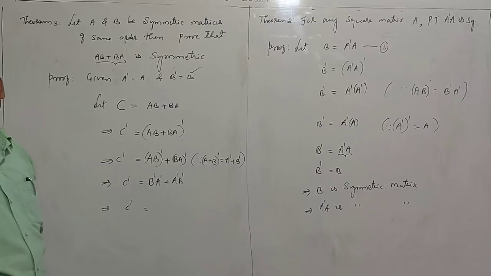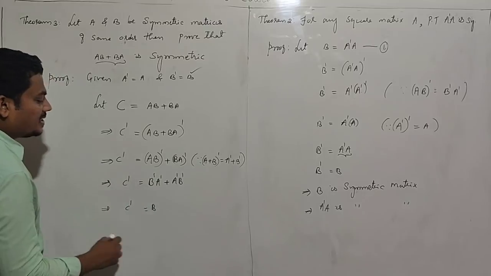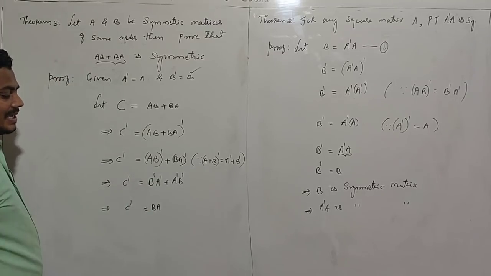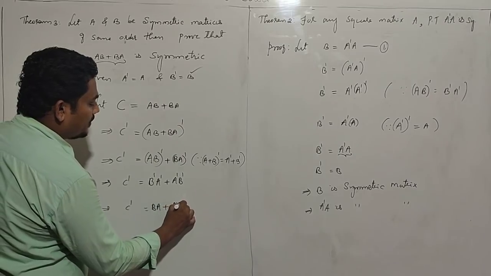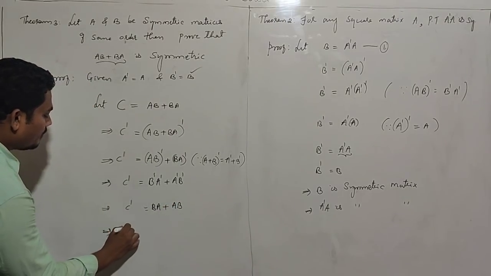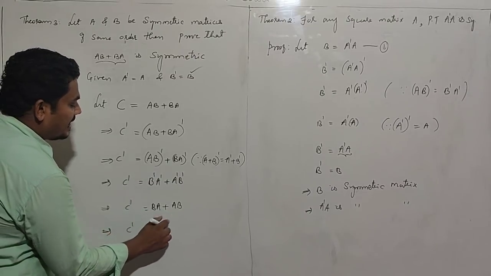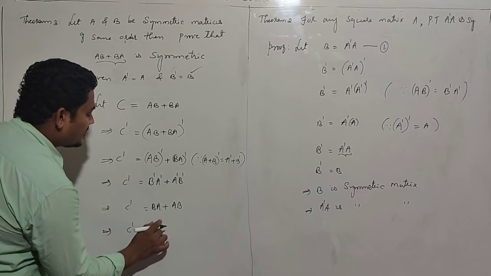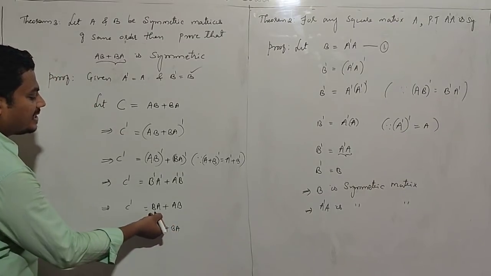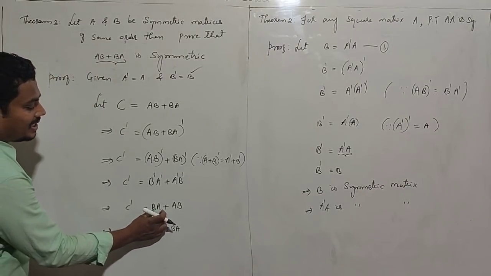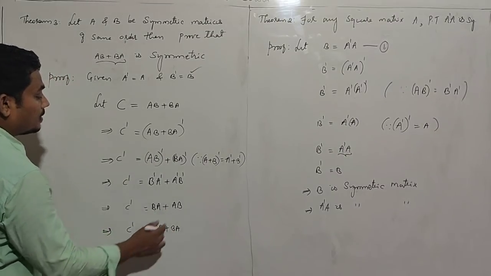Because both A and B are symmetric matrices. So B transpose is B and A transpose is A only, plus AB. Implies C transpose equal to, I will write BA plus AB as AB plus BA. Why? Because matrix addition is commutative. It is like A plus B is same as B plus A.